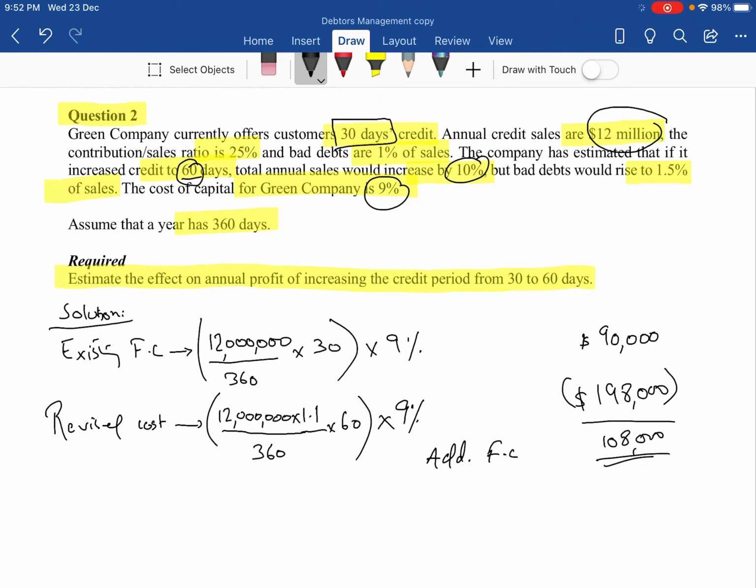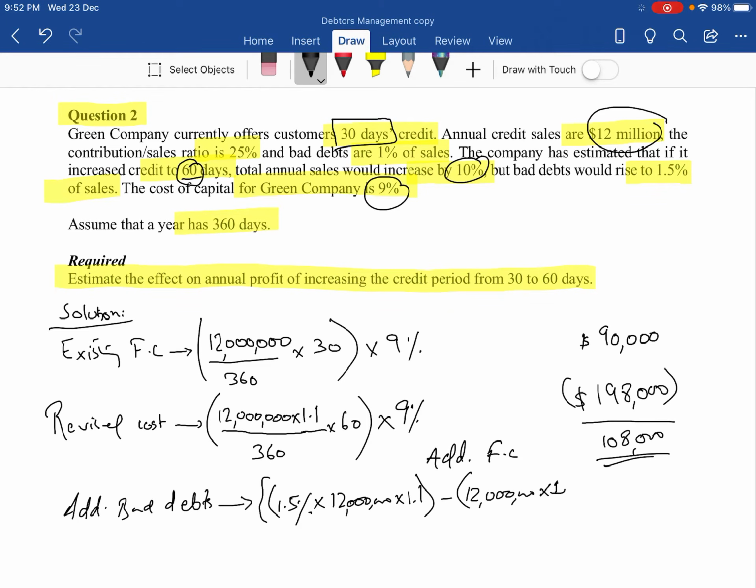Now we also have additional bad debts cost as well. Let's find that one as well. The revised bad debts will be 1.5% of the revised sales figure. The revised sales figure will be 12 million into 1.1. From this, we need to subtract the existing bad debts, which is equal to 1% of the existing sales. Existing sales are 12 million, so I need to take 1% of this figure. The difference of these two figures will give us the additional bad debts figure.